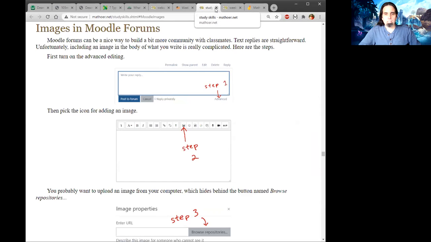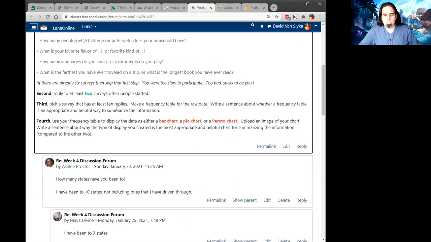Note that your pictures won't always look like other people's pictures, because if you make a chart as soon as there are 10 replies, and then 10 more people reply to that survey, there will be more information in that survey, and someone that goes after you will have a different data set. So don't compare each other's pictures, just do your work.